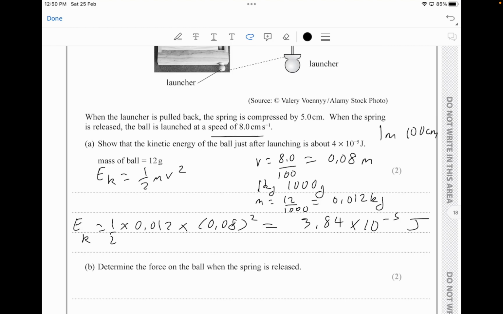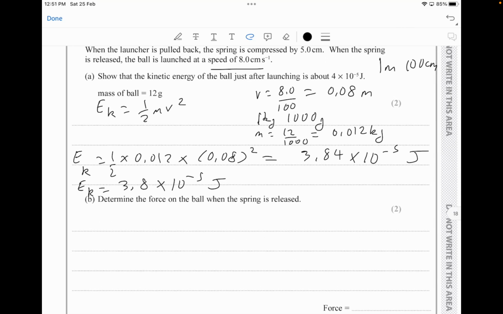If you round this off, EK is equal to 3.8 times 10 raised to the power negative 5 joules. You can also round this off to 4 times 10 raised to the power negative 5 joules. In this case, that's also okay. So let's move on to the next question.